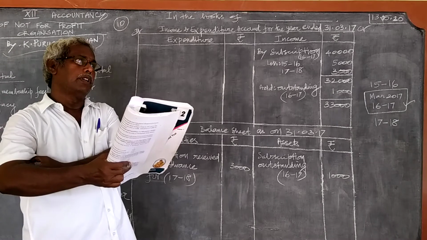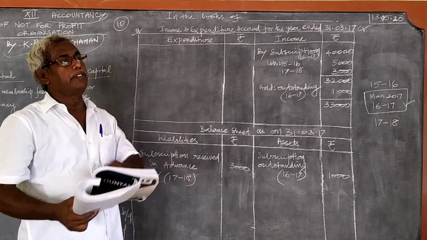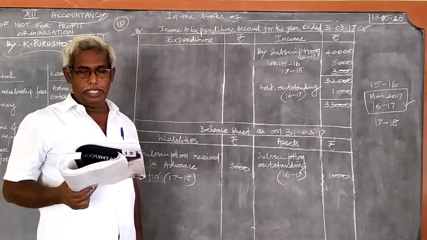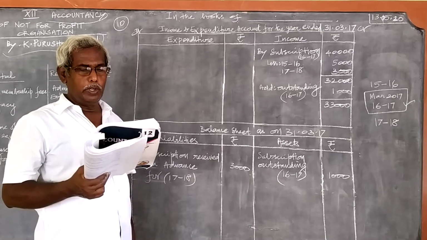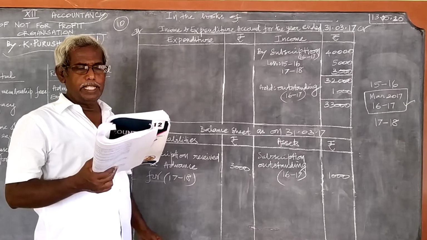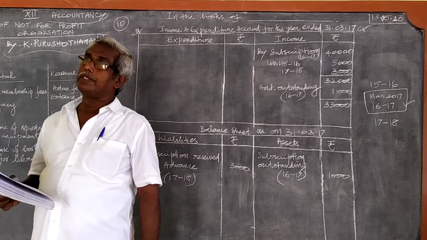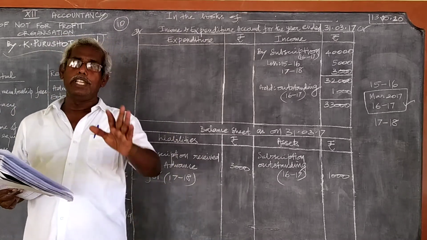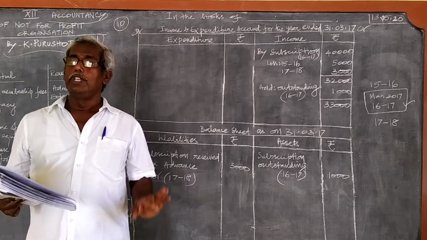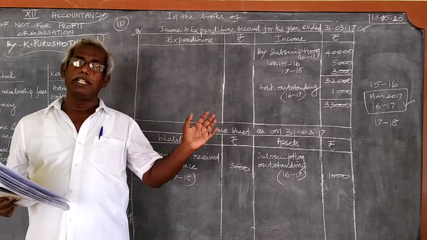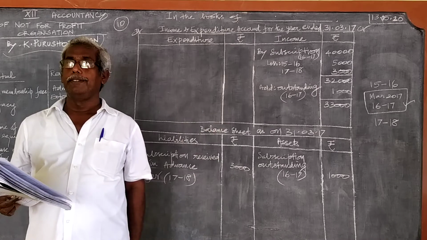This type of problem you should go through very carefully. The first question is, how will the following items appear in the final accounts of a club? When the question is about the final accounts, we should prepare the income and expenditure account and the balance sheet.